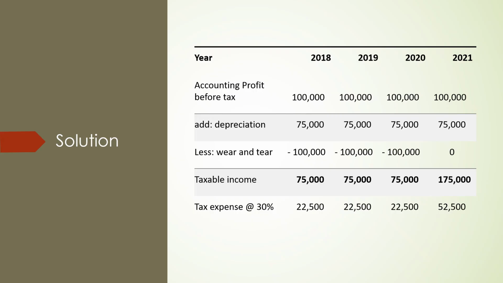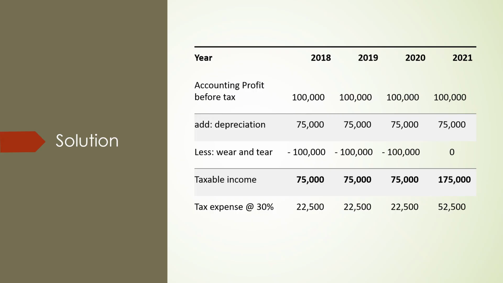To calculate the wear and tear, we take the cost price and divide it over 3 years. That is allowed as a deduction by the tax authorities. Therefore, 300,000 divided by 3 is equal to 100,000 over the 3-year term.